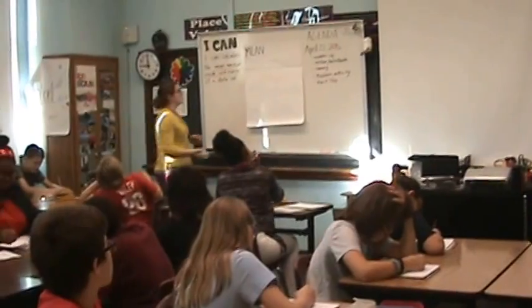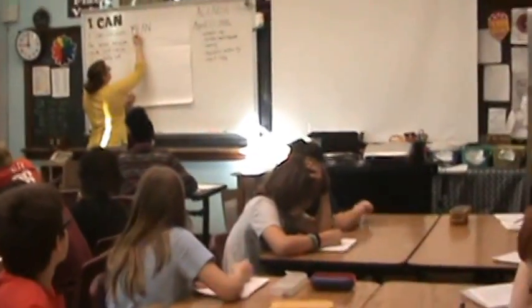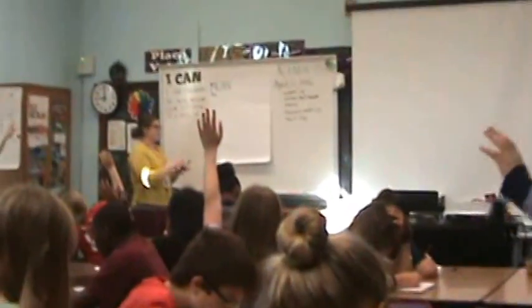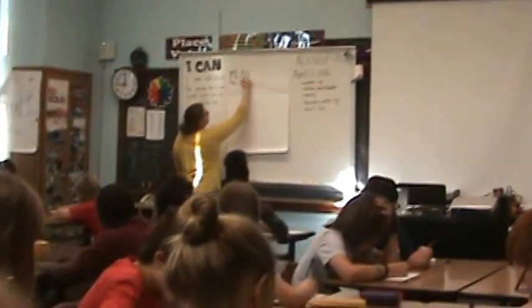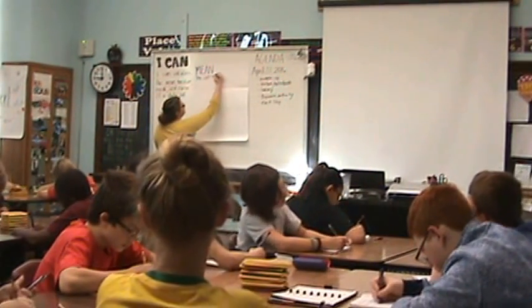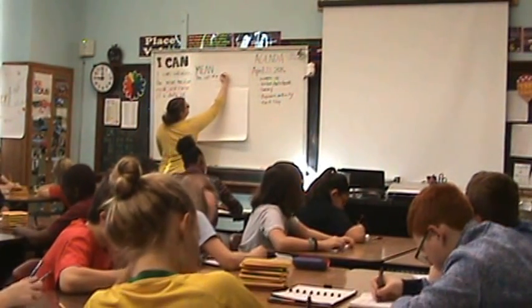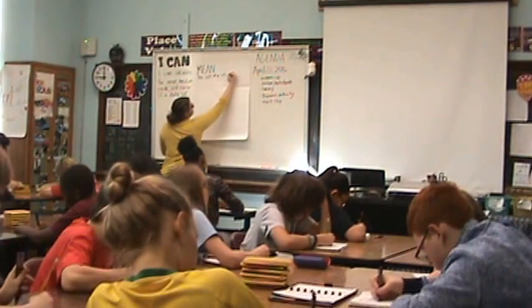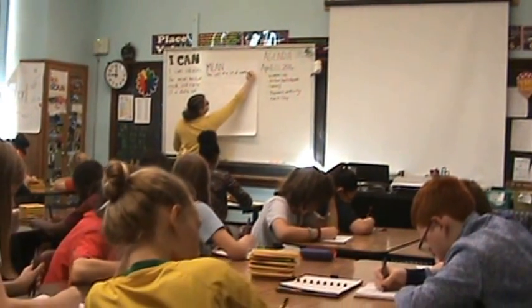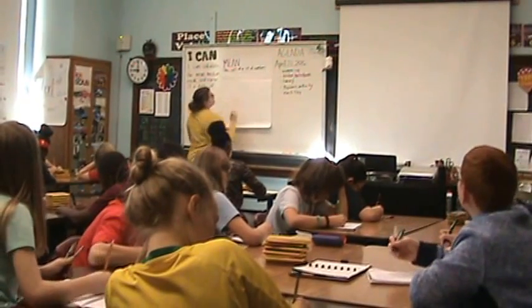So the mean is the sum. What does sum mean? Raise your hand. What's sum mean, Jalen? The answer to an addition problem, right? It is the sum of a set of numbers. So when given a set of numbers, you add them all together.